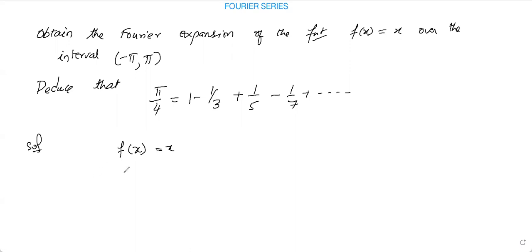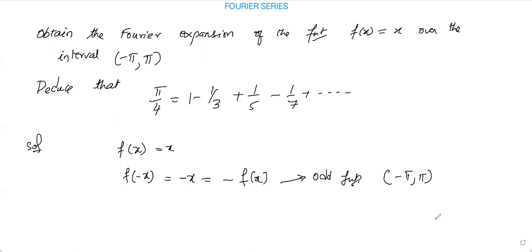Since we substitute minus x, this will be minus x, which is equal to minus f(x). So the function f(x) = x is an odd function over the interval minus pi to pi.